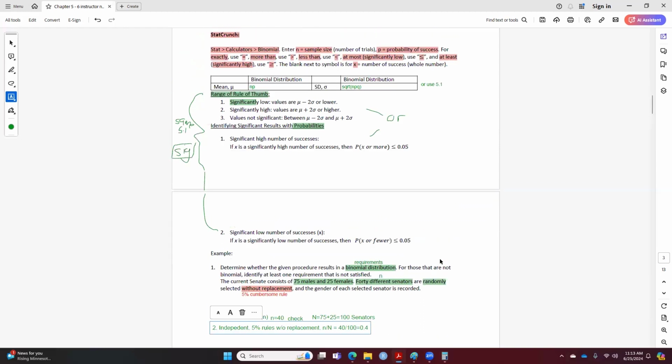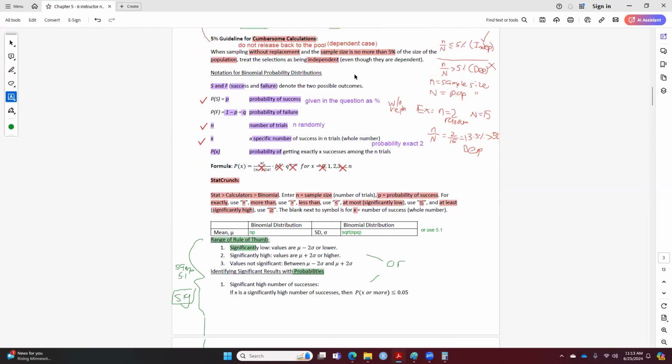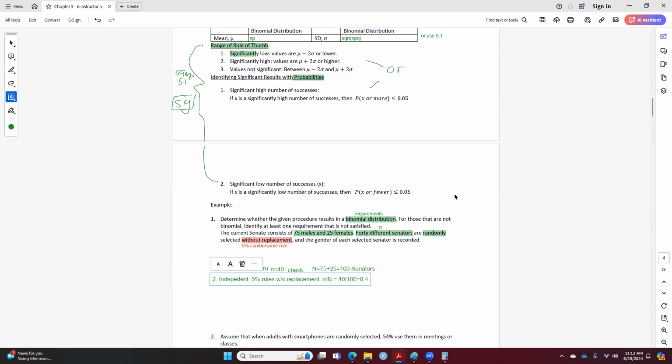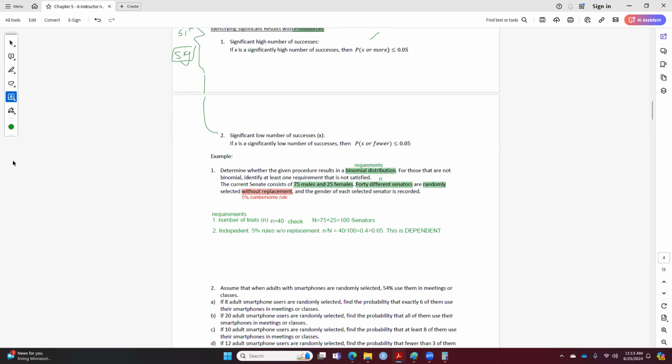But unfortunately, this number has to be 5% or less. But we know 0.4 or 40% here is more than 0.05. So this is dependent. So this is no good.